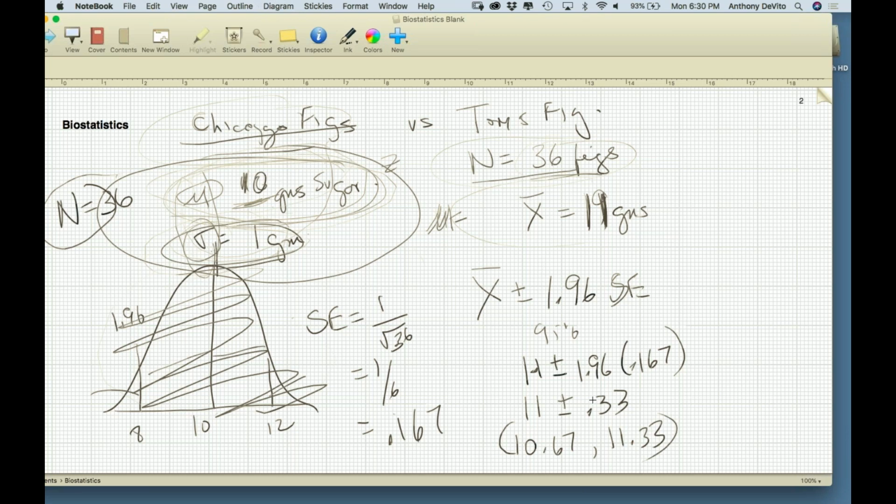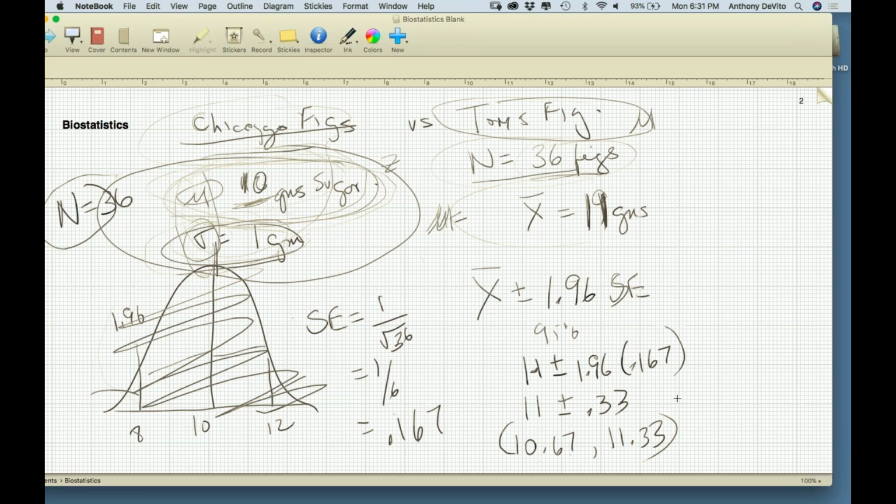What does that tell us? That tells us we're 95% certain that the true population mean for my figs is between 10.67 and 11.33, right? So what are the odds that it's lower than 10.67, or higher than 11.33?